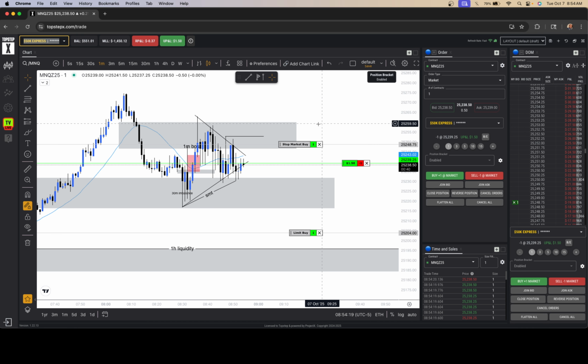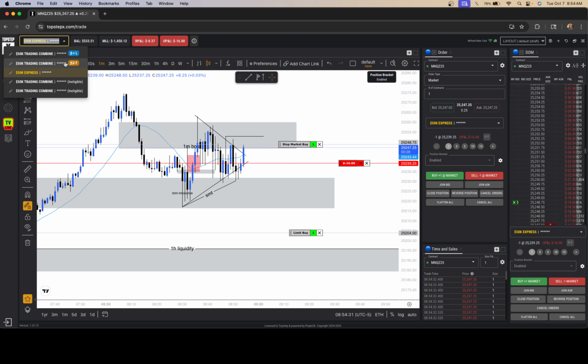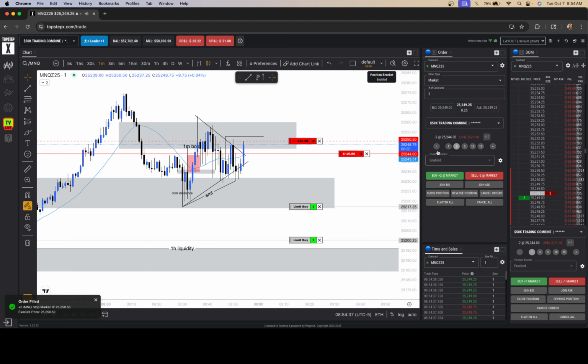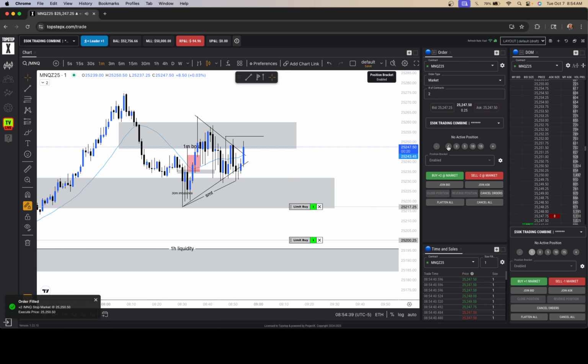But I'm just trying to be cautious. When you get those SMTs like that, and it's even price right here, you can kind of expect that your setup might be invalidated. So I may just swap. Order filled. I may swap and become a buyer right here.